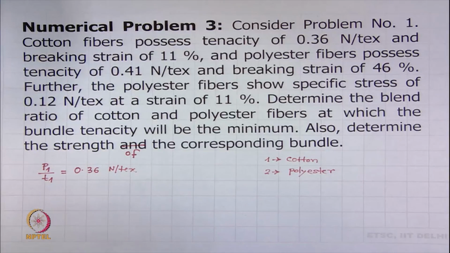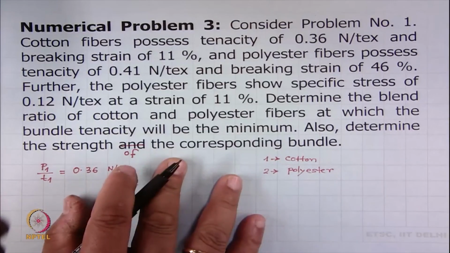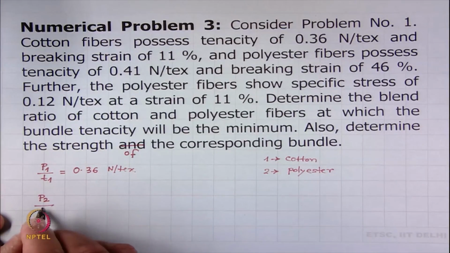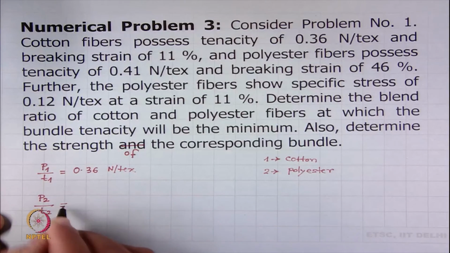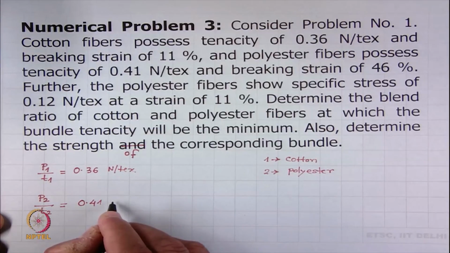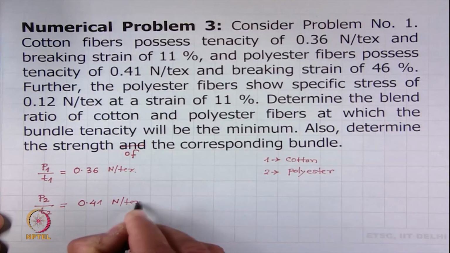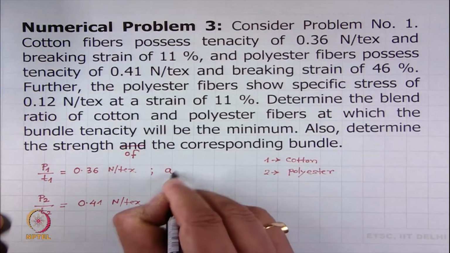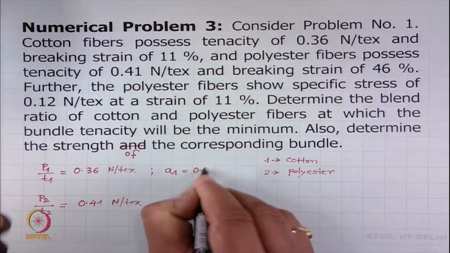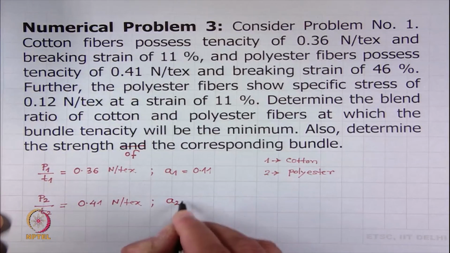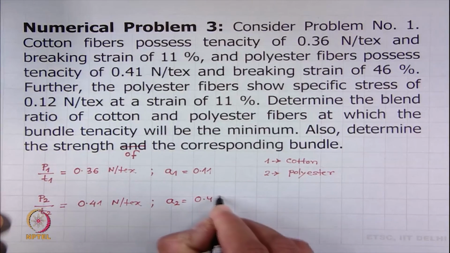Then another piece of information is given: P2 by T2 is 0.41 Newton per tex. Breaking elongation is also given here.